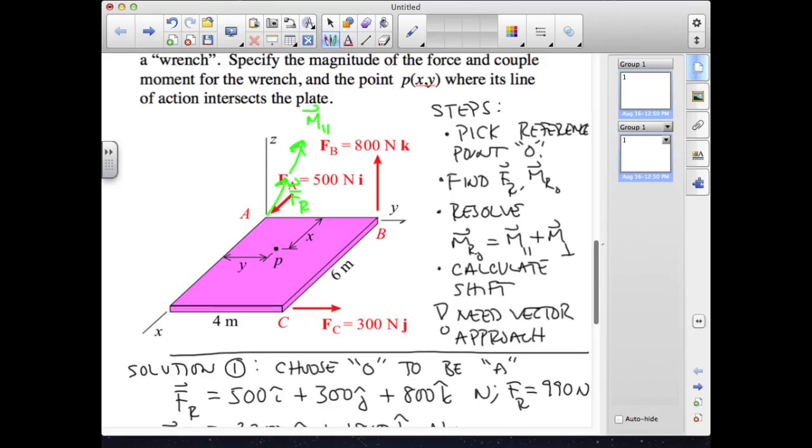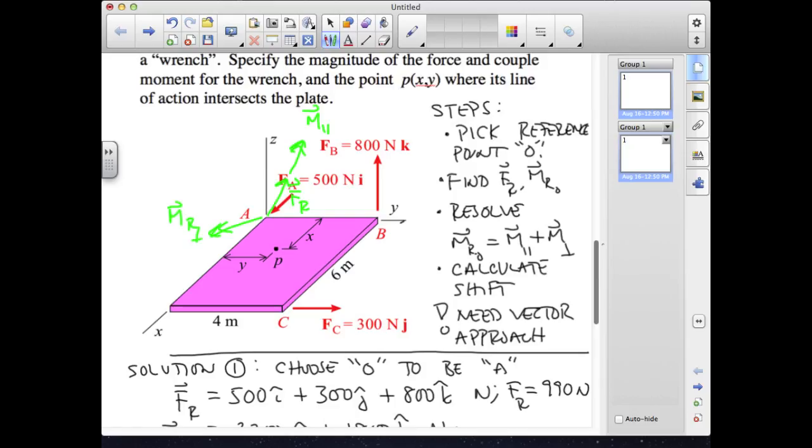And then if you look at the components of the perpendicular moment, that's positive in I, negative in J, and negative in K. So here's my attempt to represent that. Here is our perpendicular.